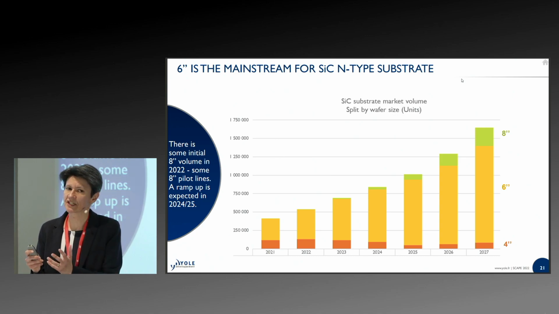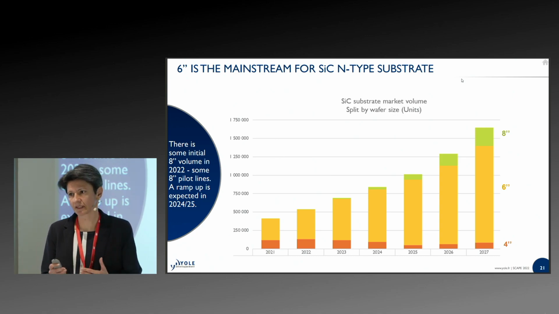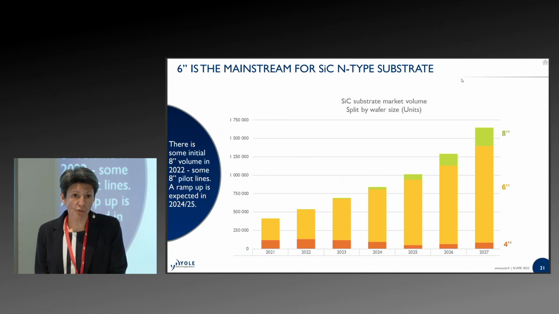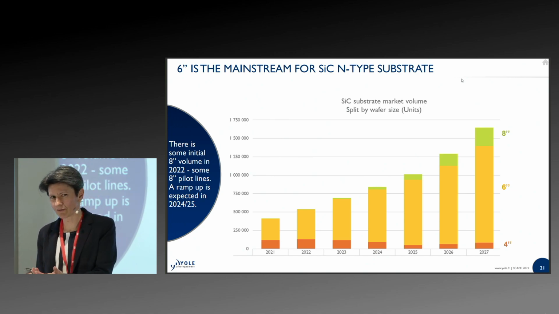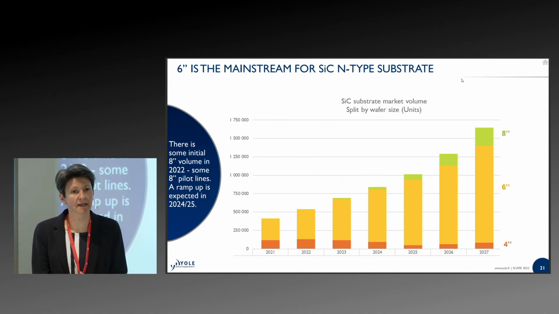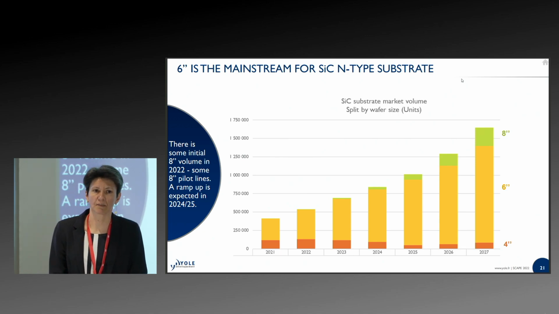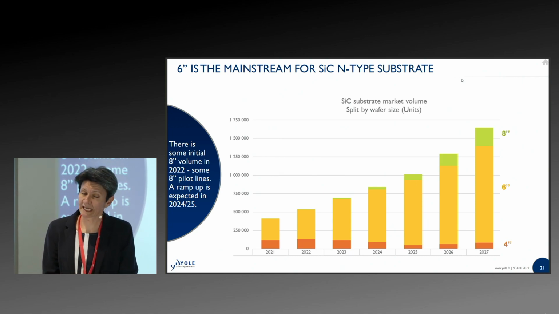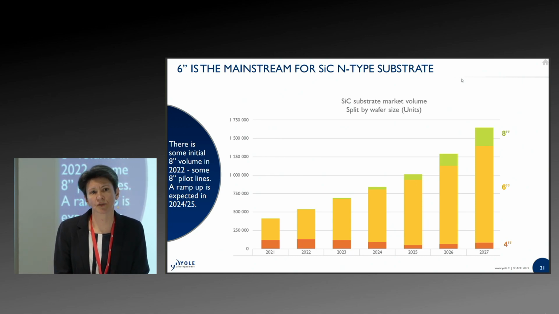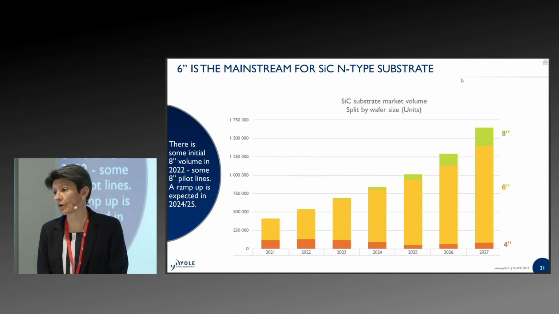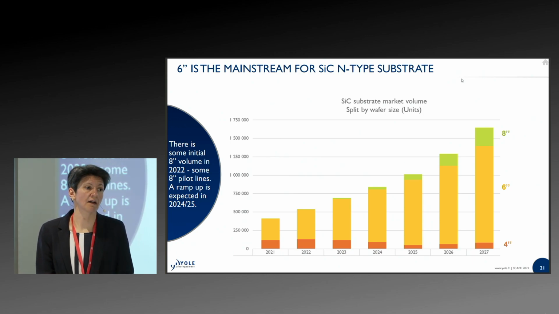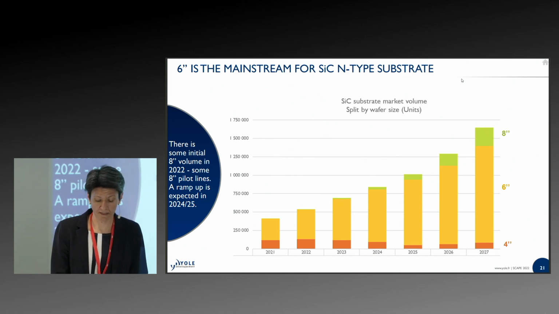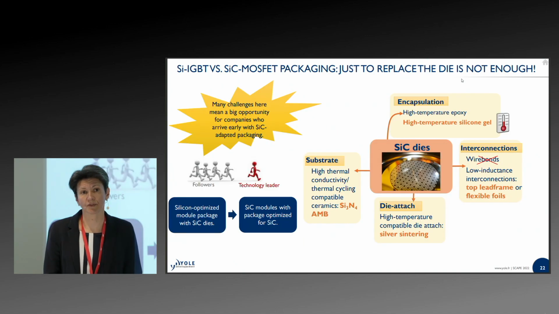This 8-inch is something where today we're seeing some sampling, but the volume should come more in 2024, 2025, again, if the quality is there to address the needs of the power electronics market. In terms of volume today, we are at a little bit more than 500K units of these wafers, and it could grow three times again if the quality is there for the 8-inch wafers.